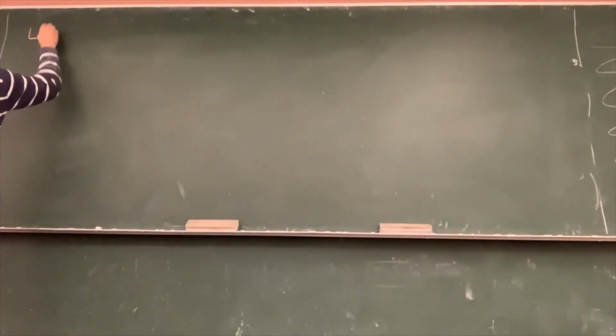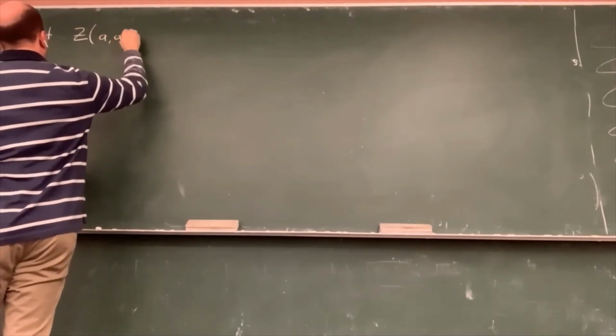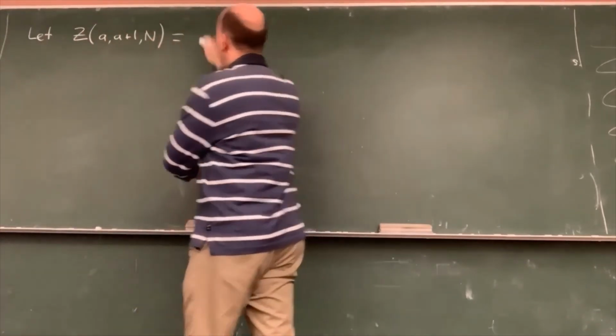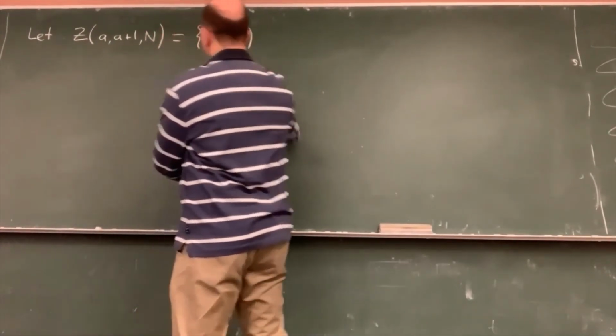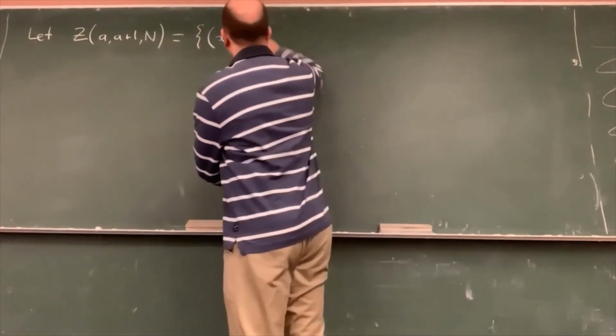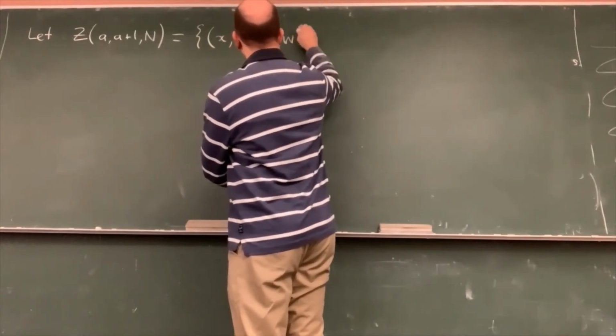So let Z A plus 1, n be the set of, this is meant to be a subset of the product of those two cotangent bundles. So it's going to be a quadruple initially of x, w, x prime, and w prime.